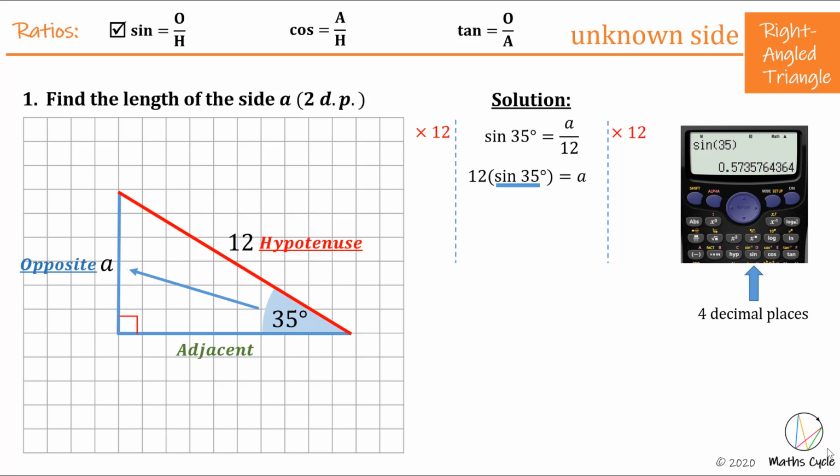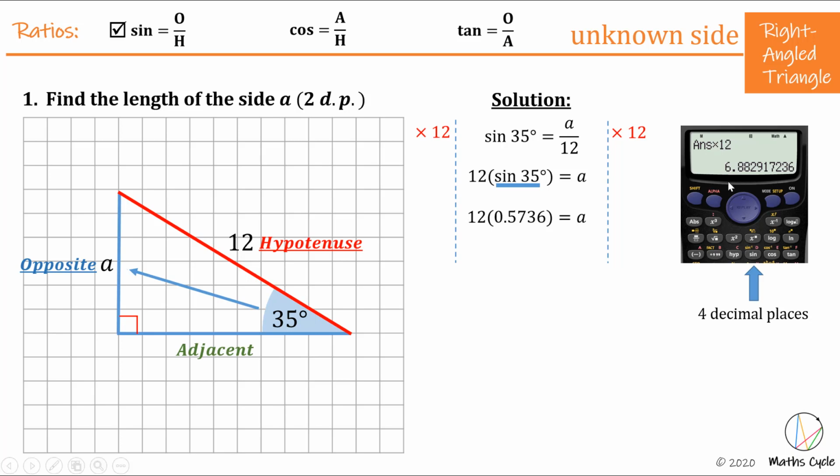So now that we have our sine of 35, 0.5736, I'm going to multiply that by 12. Just press multiply by 12 on your calculator and it will give you the answer. The answer here is 6.8829172236. At this point that is the answer, that's what A is, but we're not going to write all of those numbers down.